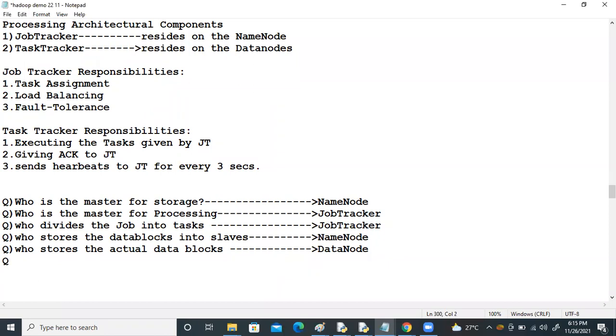Data nodes, right? And who is responsible for processing the tasks? Task trackers.